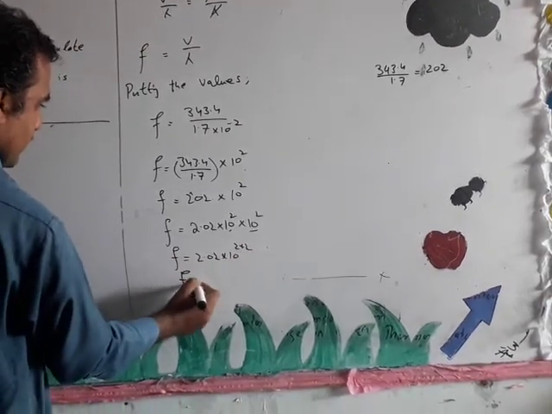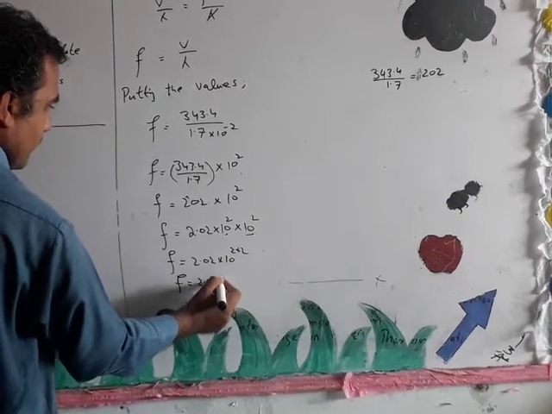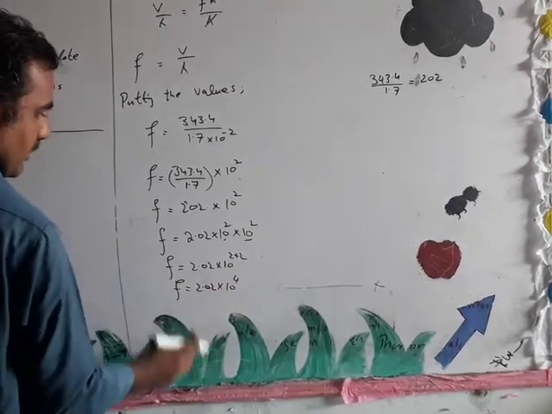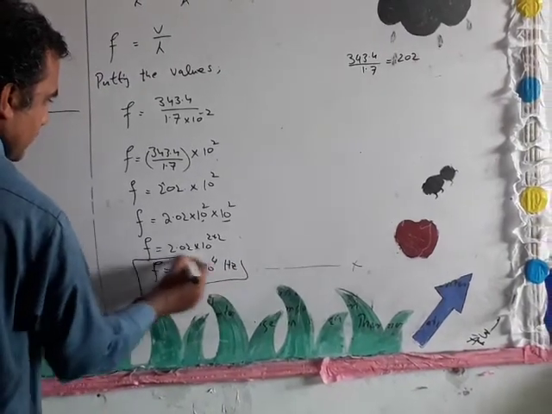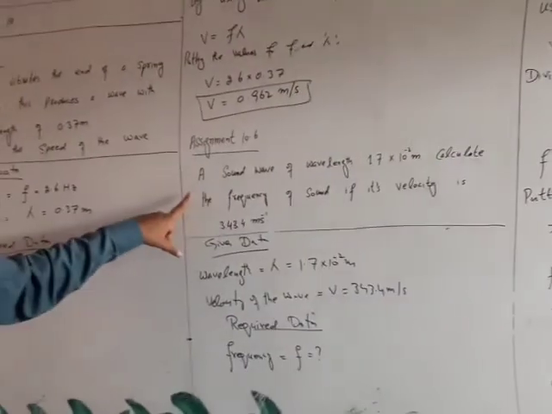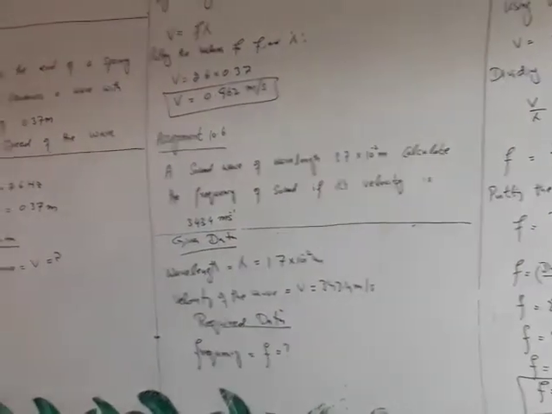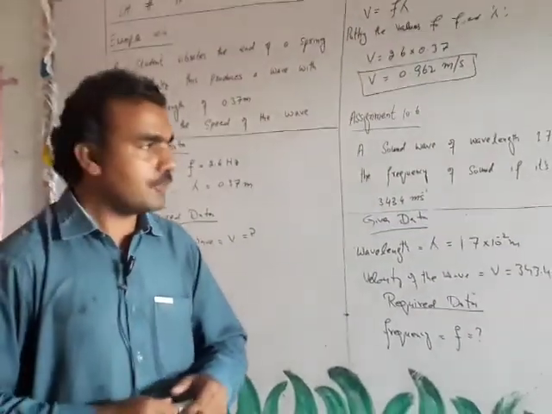So its answer becomes 2.02 multiplied by 10 power 4, and the unit for frequency is hertz. This is our required answer for calculating the frequency for this assignment. That's enough for today. Thanks.